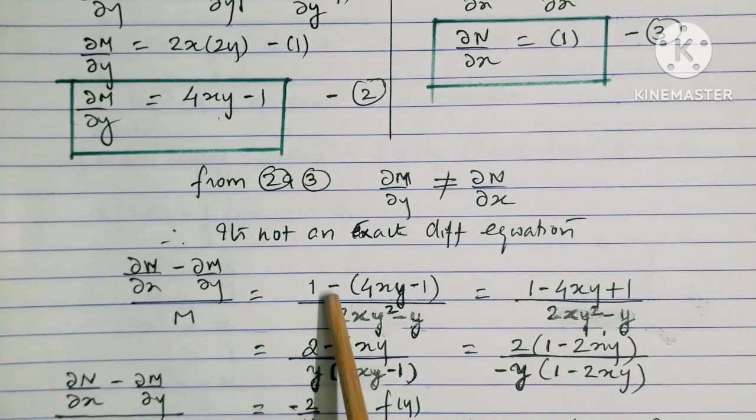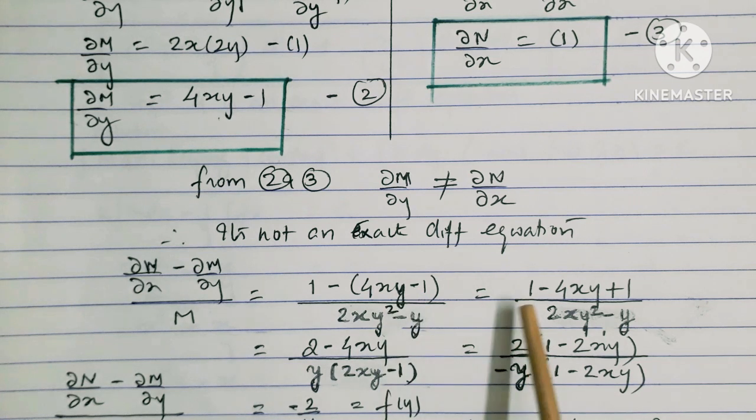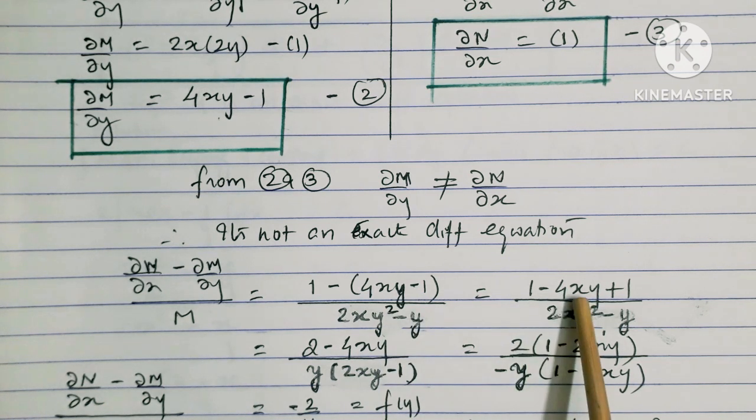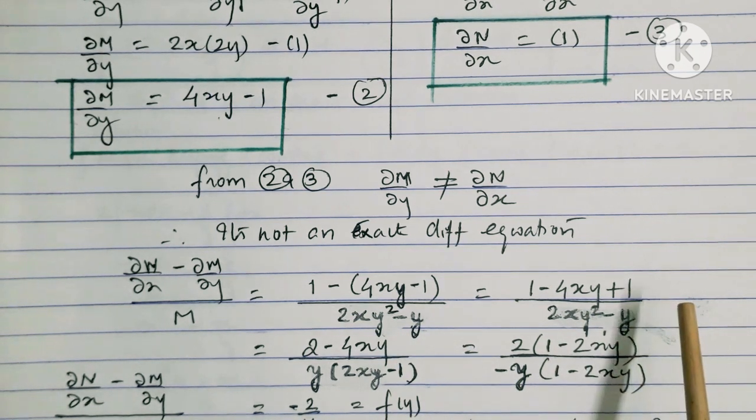Now since there is a negative sign outside the bracket, when we open this bracket, the terms inside would change their sign. So this would be (1 − 4xy + 1) upon 2xy² − y.